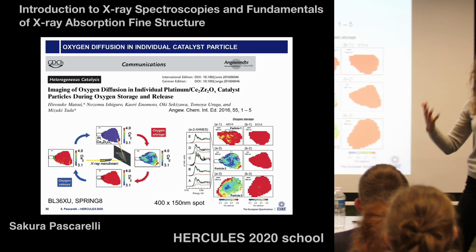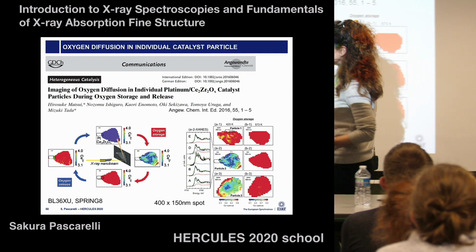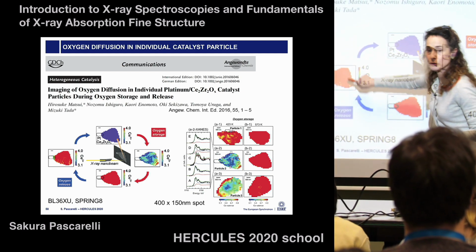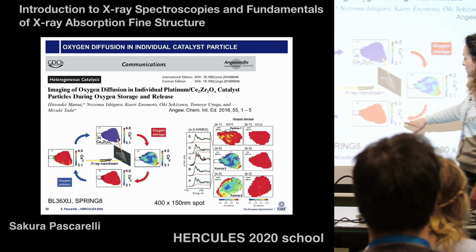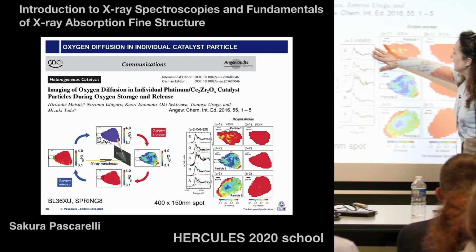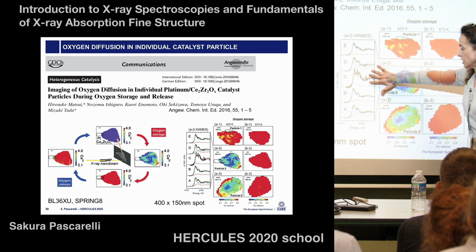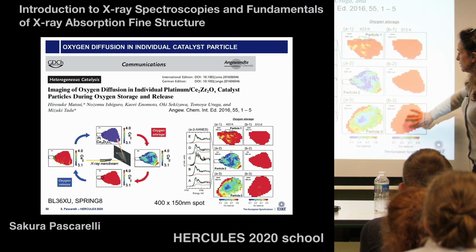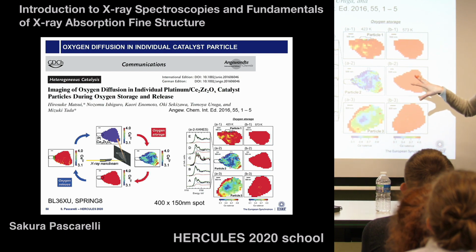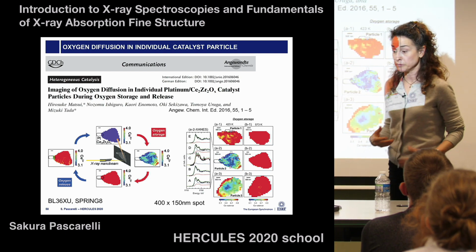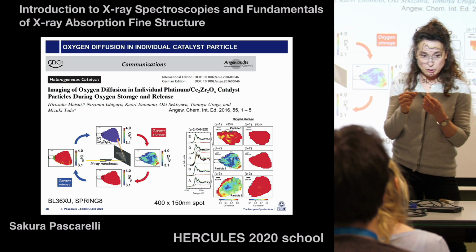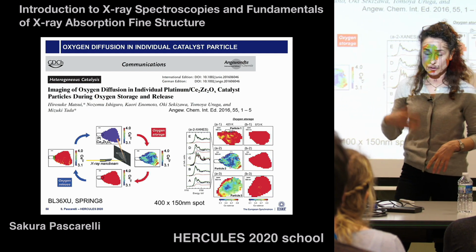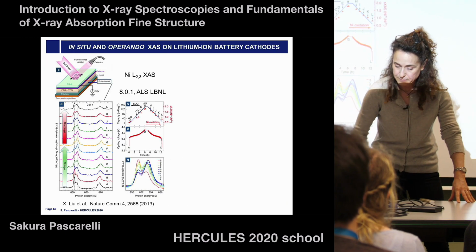So there again, they're fluxing, but as the catalyst is working, they do a full map, okay, with this spatial resolution. And they can see how the electronic state changes on cerium. Okay, and then they can plot the different stages of the catalyst. So I thought this was really, really good because not only do they have a very small spot and very high spatial resolution, but they also can do this during the reaction.